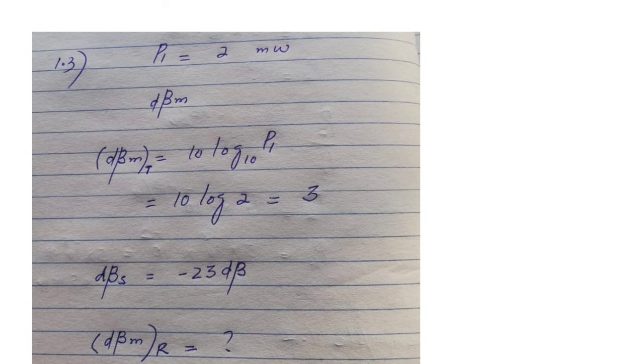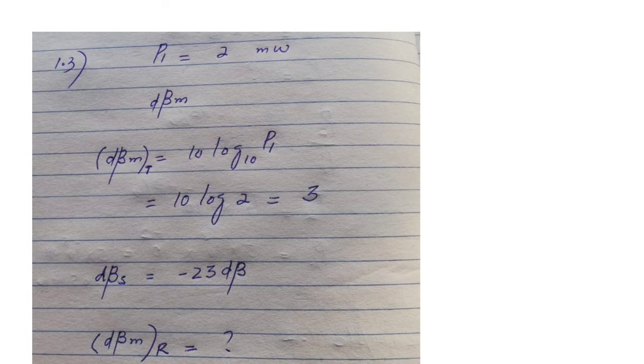Now, if you look at the second loss equation, the total loss of the communication system is given as well. We have a communication system. The input power is 3 dBm. The total loss of the system is minus 23 dB.